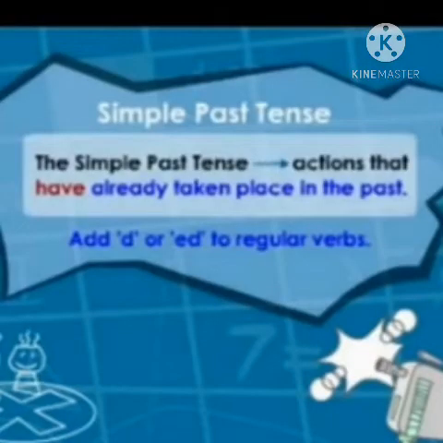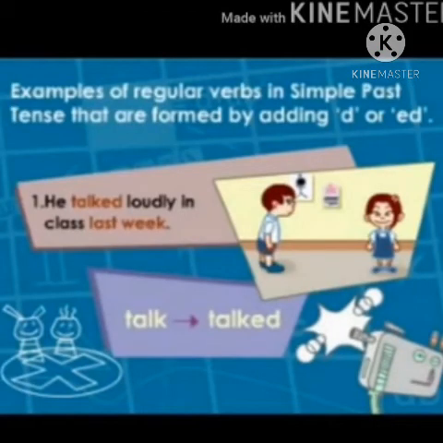Now, let's see the simple past tense is used to describe actions that have already taken place in the past. We usually add D or ED to regular verbs. Like, he talked loudly in class last week.